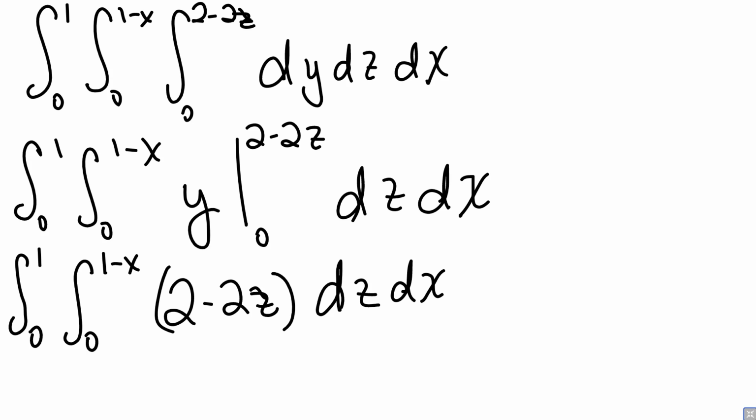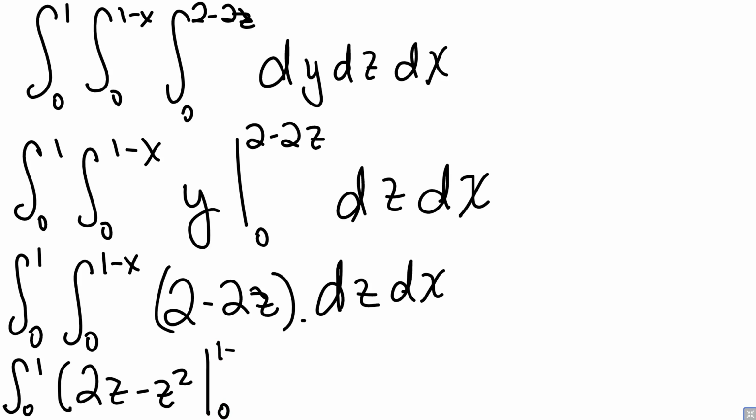Now we integrate this with respect to z. We're going to have 2z minus z squared, evaluated from 0 to 1 minus x, and then dx. Again, luckily, 0 makes it 0, so we just have to plug in 1 minus x.